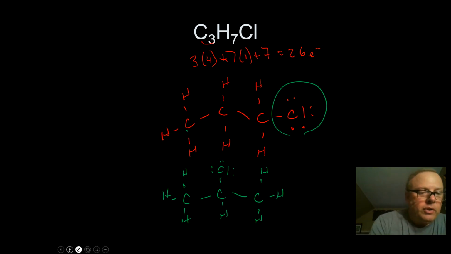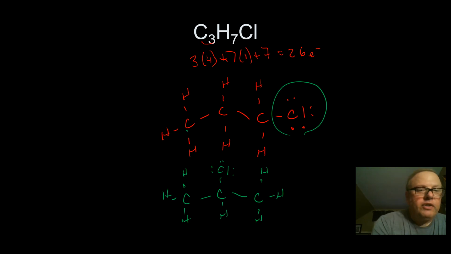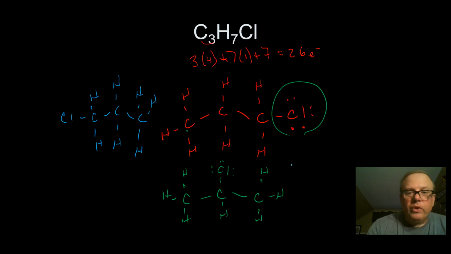And then I'm just going to show you, here I'm going to go to a different color. If I simply have the chlorine on this side, it's the same thing but in reverse. So you have to think 3-dimensionally. So these 2 here, let's just throw up a different color.